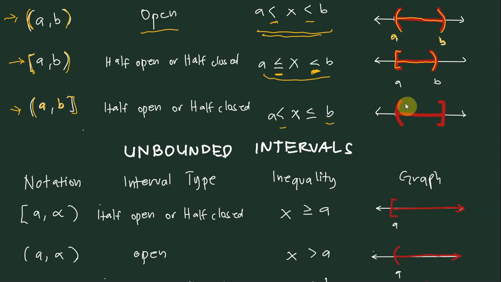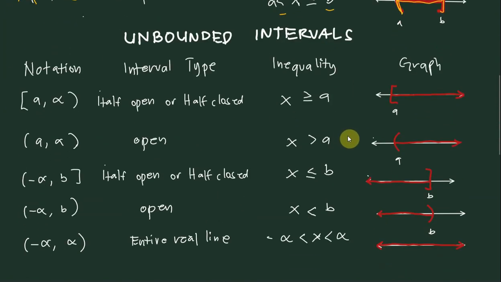If you graph it, this interval includes b because x is less than or equal to b, and all of the values until you reach a, and it does not include a. So of all the values between a and b, it includes b, but it does not include a.